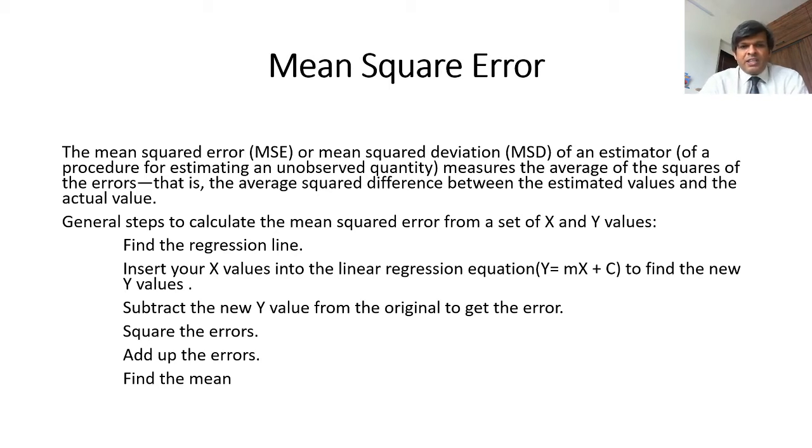Insert your x values into the linear regression equation, y = mx + c, to find the new value of y. Subtract the new y value from the original to get the error. Square the errors, add up the errors and find the mean. So it is actually the mean of the sum of all the errors which we showed in the previous slide. That is what mean square error is.